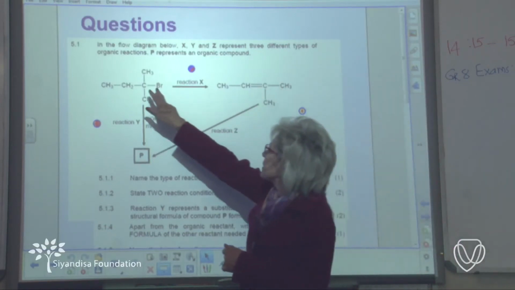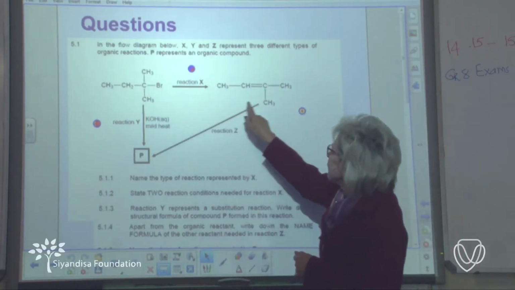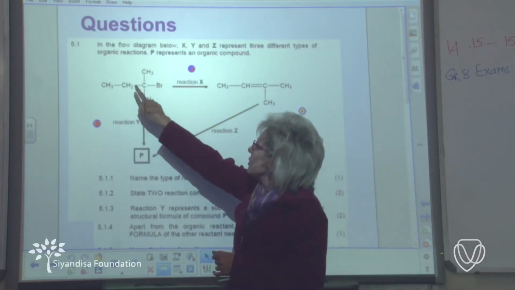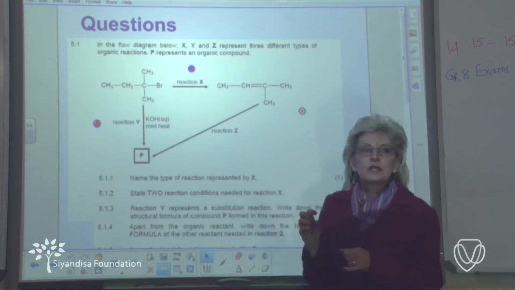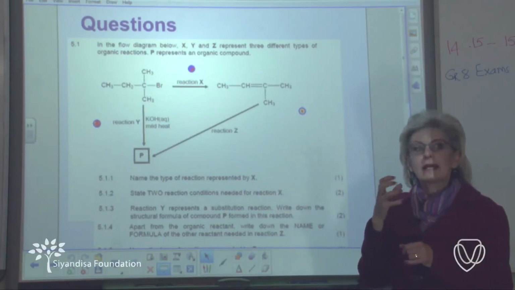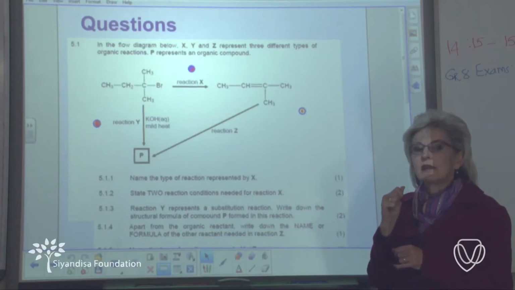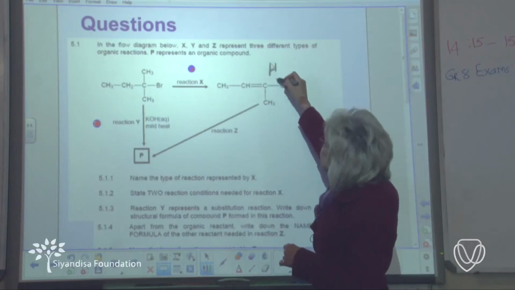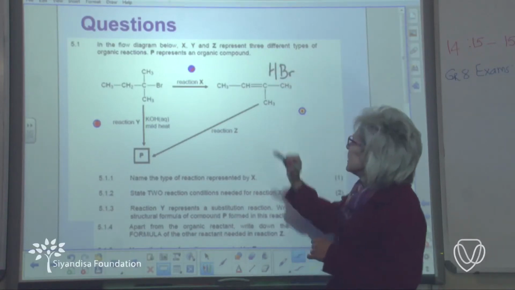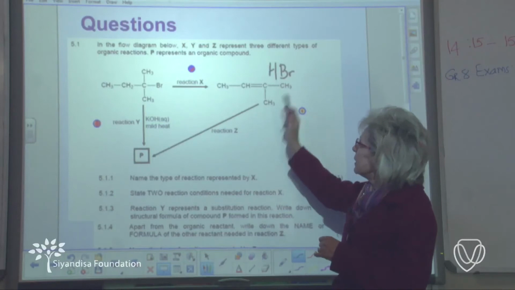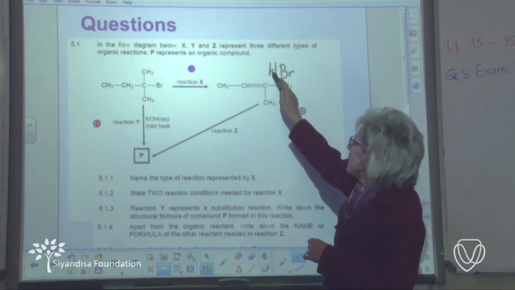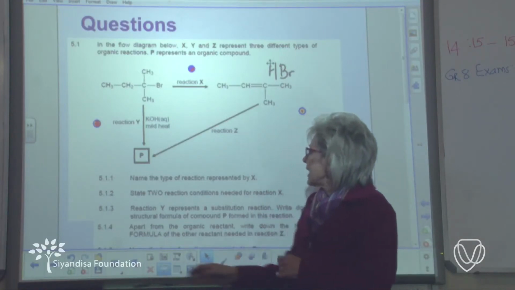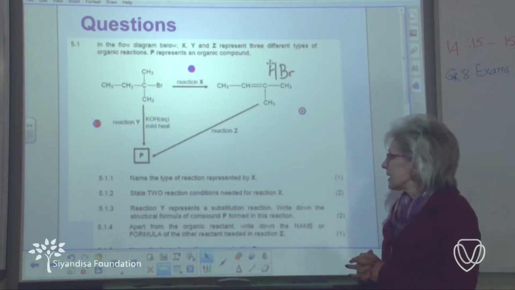And it's easy for us to see that Br is one of the atoms that's been removed, and then as well the H. So there's an HBr being removed. So the term that we give to it is dehydrohalogenation. It's hydrogen and a bromine that's been removed, so it's taking away hydrogen and halogen, dehydrohalogenation. So the type of reaction is elimination or dehydrohalogenation.